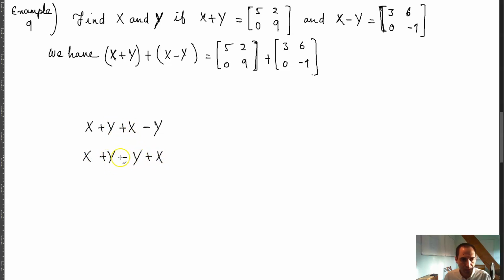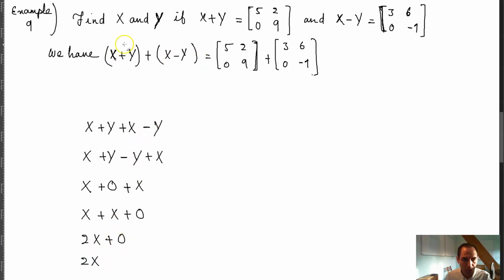Then y minus y is the zero matrix, so that gives me x plus O plus x, and again, matrix addition is commutative, so that is 2x plus O, which is equal to 2x, because this is the identity matrix for addition, right?